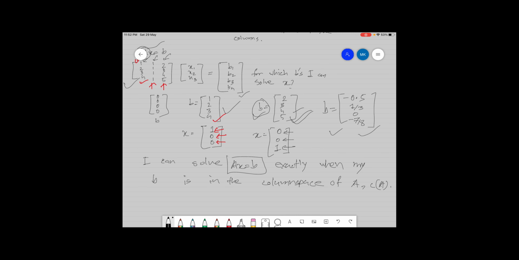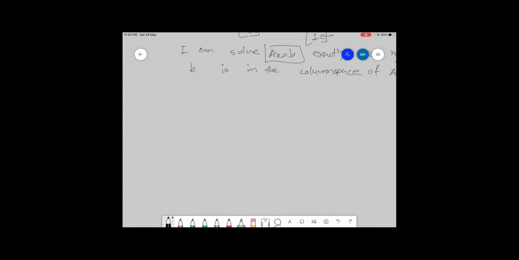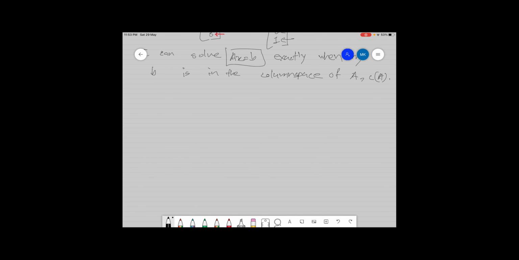If we again take that matrix back, 1 2 3 4, 1 1 1 1, and 2 3 4 5, you can see that the third column is basically the linear combination of the first and the second column.